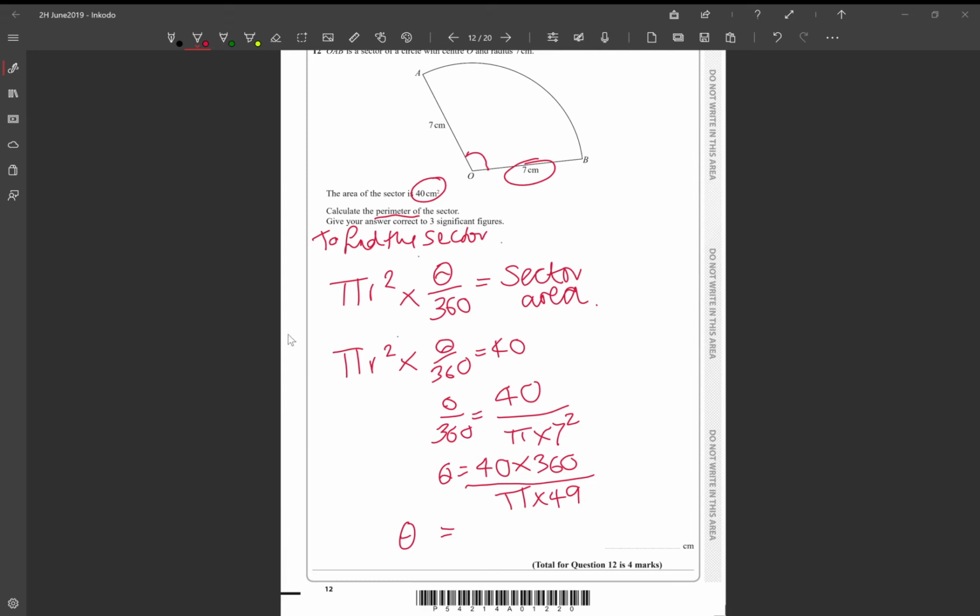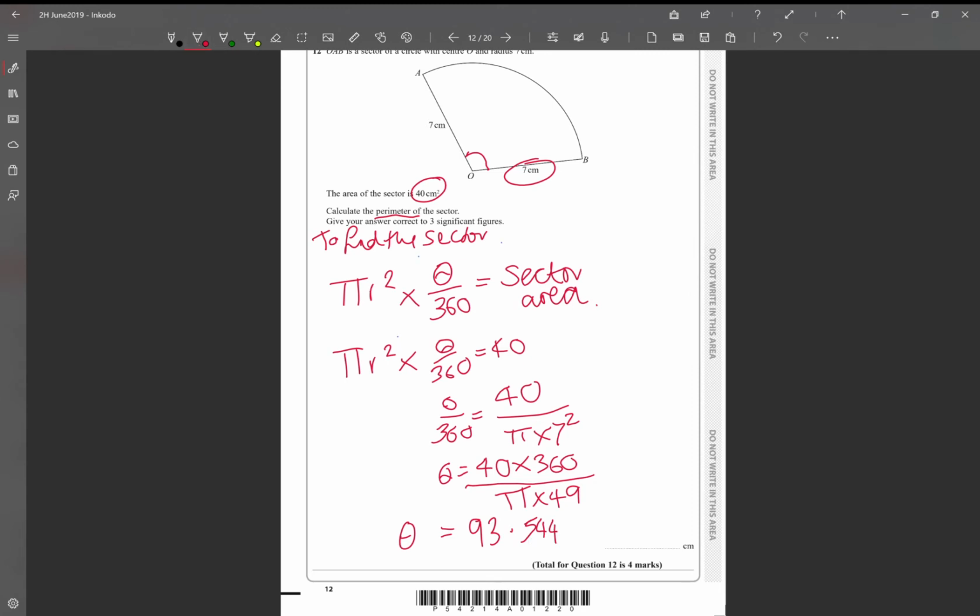These steps, I'm just going to do it in one go. Divide it by pi times 49, close that, equals. So that angle is 93.544.